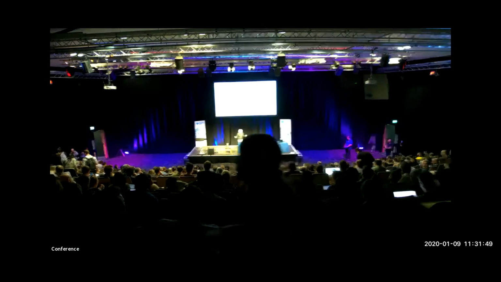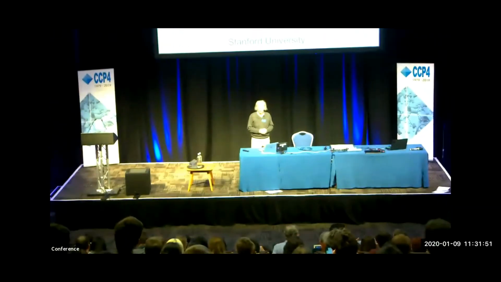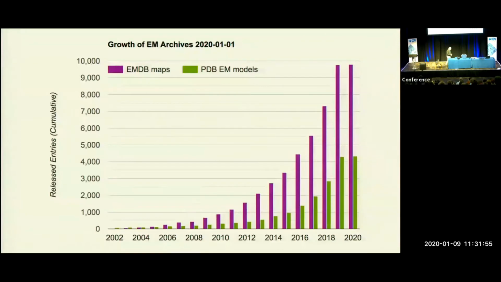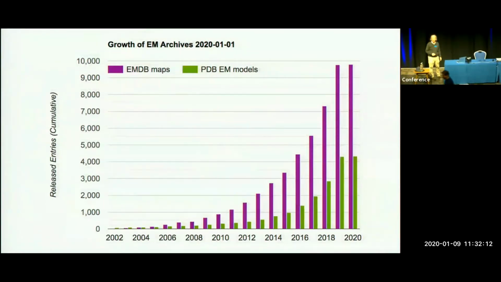As it turned out in the many talks throughout these meetings, the cryo-EM field has been progressing in the last 10 years in particular. Right now we have more than 10,000 structures, and some of them are only the map data. 40% of them have coordinate data equivalent to crystal structures.